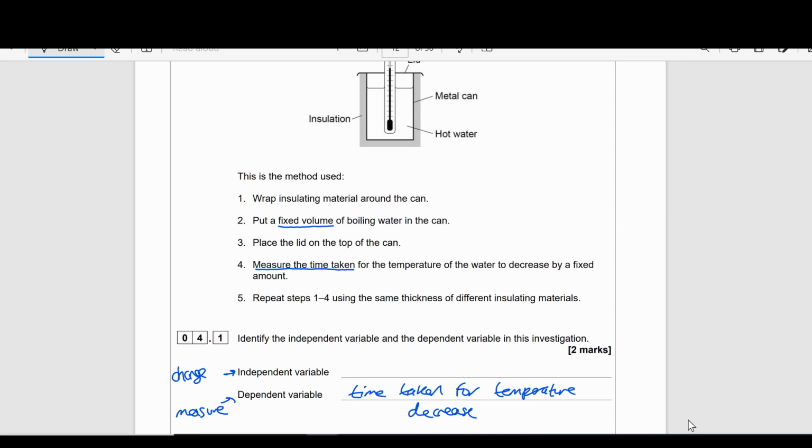Let's keep on reading. Repeat steps 1 to 4 using the same thickness. So again, control variable: thickness of different insulating materials. So what does that mean? That we're changing the type of insulating material.